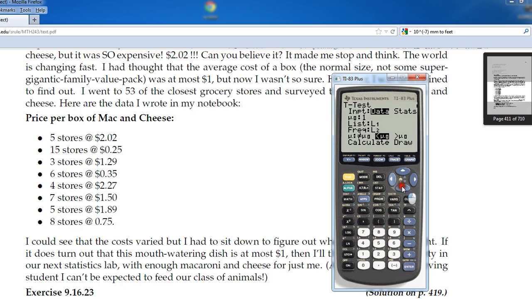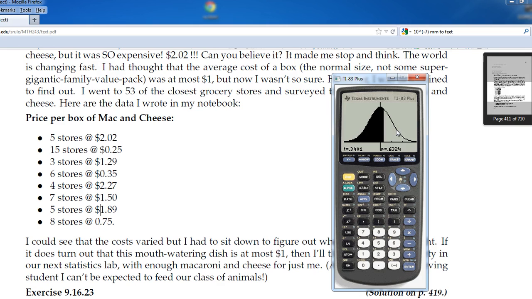All right. Okay, on average, we got an average cost of more than $1, which we kind of thought we were going to have because we had all these 202s and 129s and 227s. So the idea is the student's claim carries no weight. The data indicates that the average cost is not less than $1.